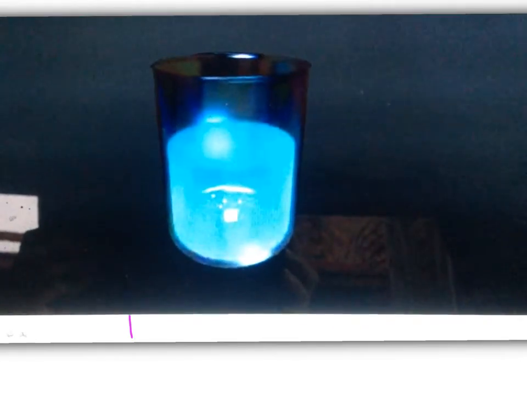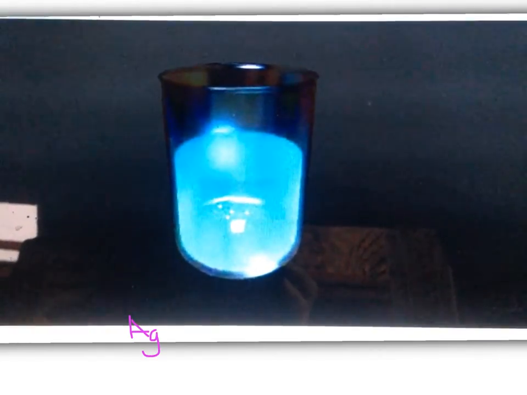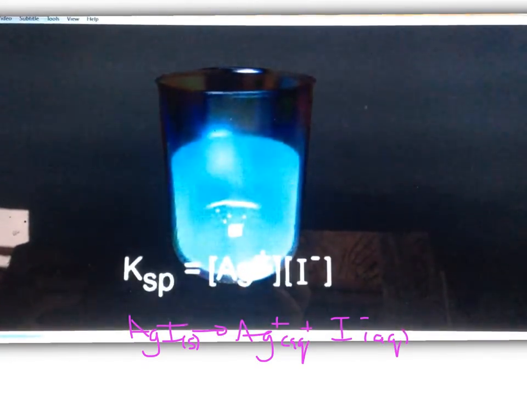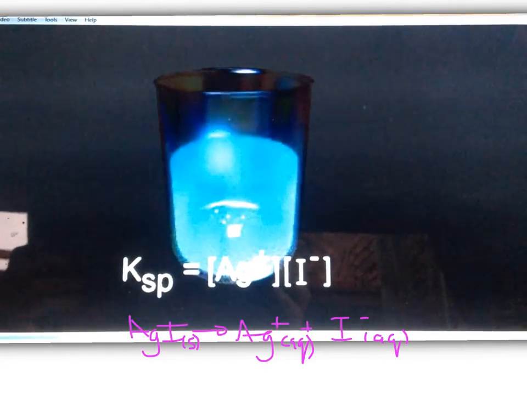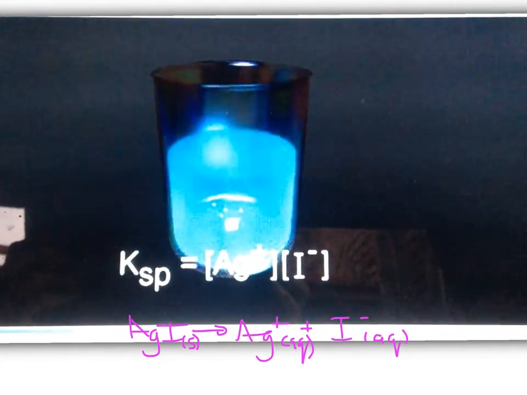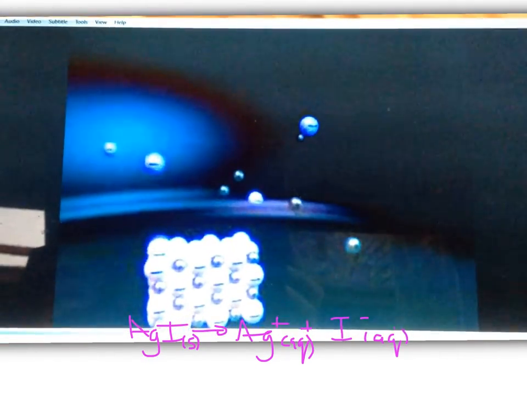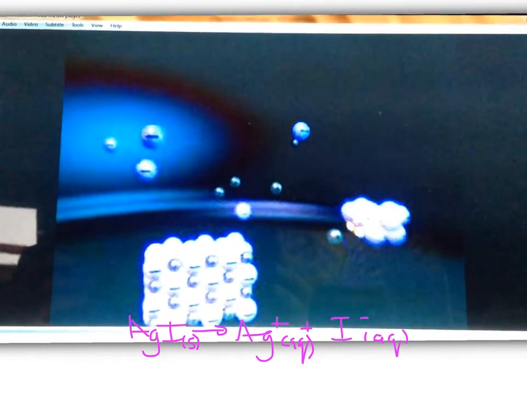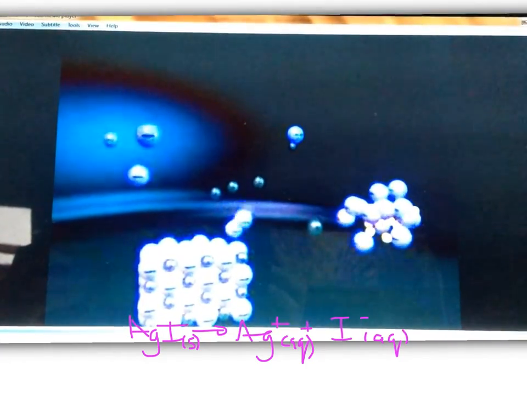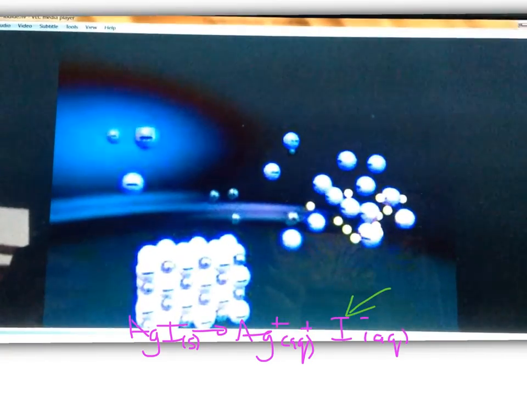Soluble solid such as silver iodide is placed in water, an equilibrium is established between the ions in the solid and its solution. In this view, the water molecules that solvate the ions are not shown to simplify the illustration. The solubility equilibrium is expressed by the solubility product. The silver and iodide ions are of equal concentration in the solution. When sodium iodide, a soluble salt, is added, the concentration of iodide ion is greatly increased.